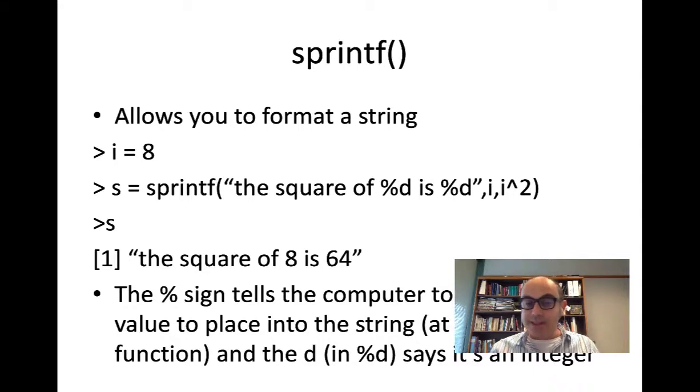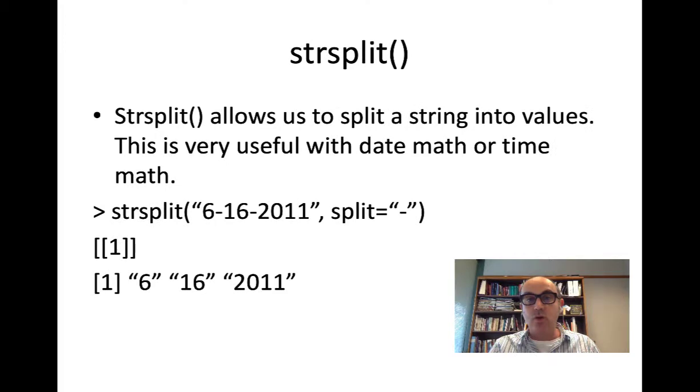So the percent sign tells the computer to look at the value and to place the string at the end of the function, and the d says it is an integer. So I broke it down in order for me to make sure that I have an integer and I have a percentage in order for me to do that.